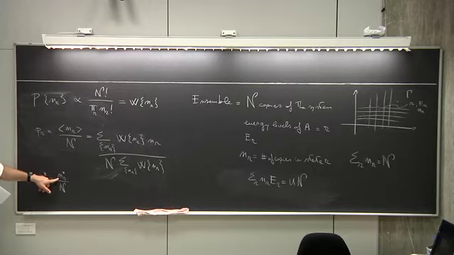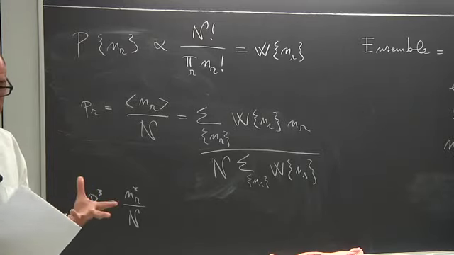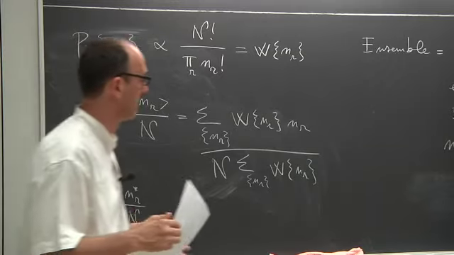From this point of view, you can define another probability for state r. And what I want to show is that these two probabilities are the same, so that essentially the average over the whole ensemble is dominated by the most probable distribution in the ensemble.